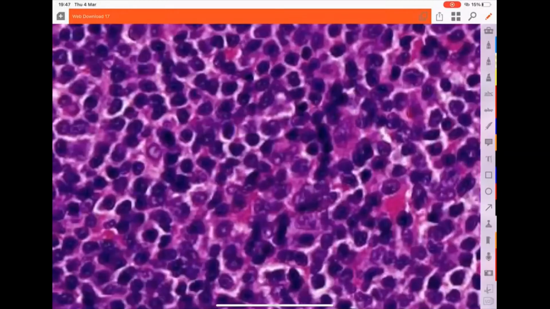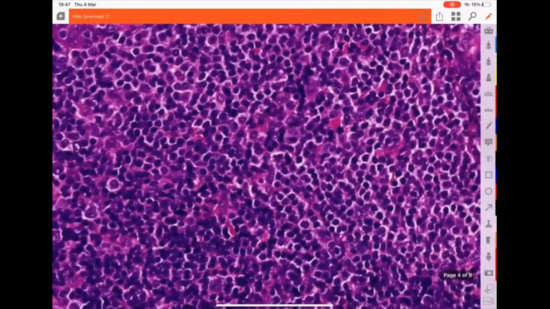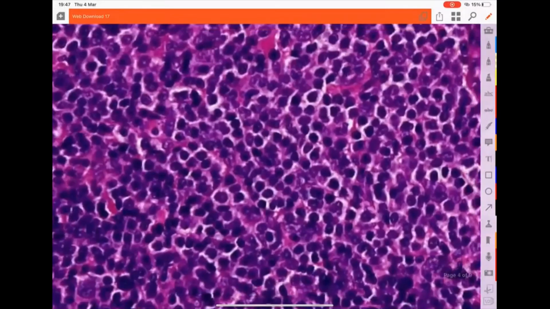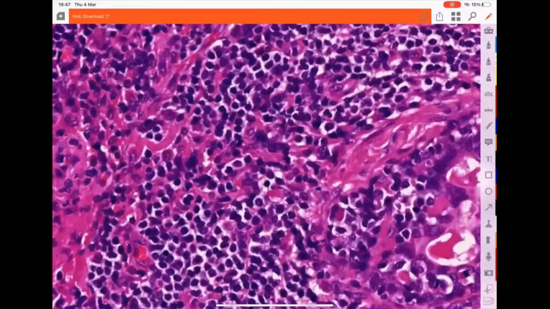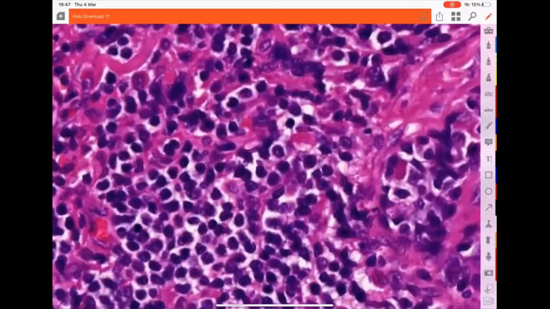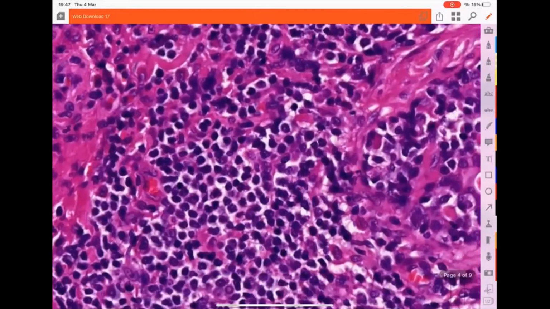Even if you think it's going to be lymphoma, I want you to understand: am I dealing with an immunoblast proliferation of blast-like cells, or are they small? Are they intermediate size? Do I have a reference cell that I can compare the size to?